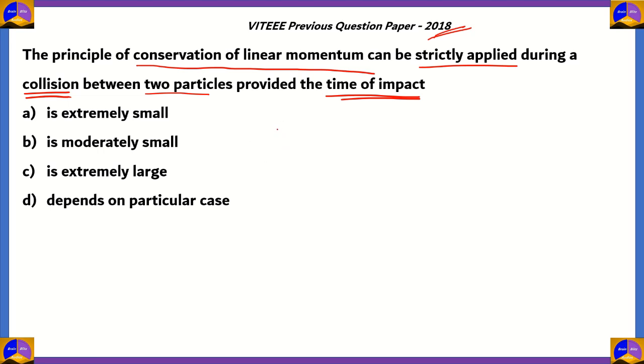So, in order to understand this question, we need to refresh ourselves with the requirements for an event to be called a collision. A collision is an interaction between two or more particles where the following observations are noted.